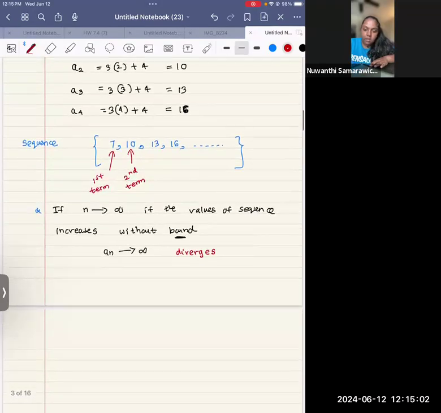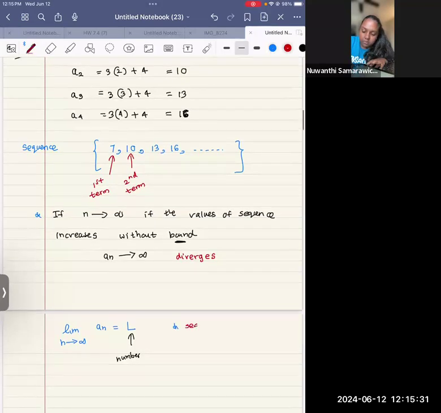Okay. And then we can write this as a limit term. So limit, if n goes to infinity, your n-th term, that is a sub n, goes to a number. If this is a number, then we say the sequence converges.